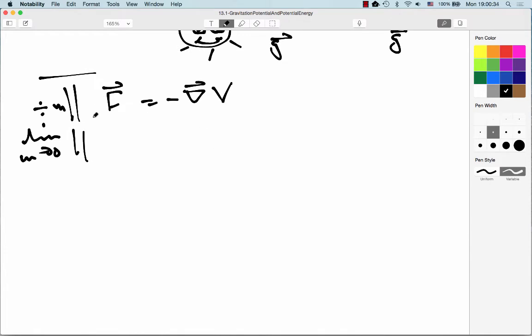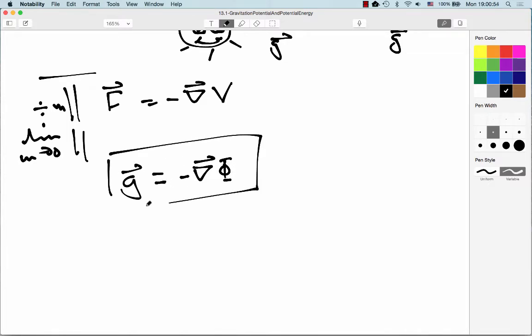And when I do, I'll have F over m and take the limit. That will give me the gravitational field intensity. And then V over m is just going to be phi. So then since it's a scalar, I can pull it into the gradient. And I get that the gravitational field intensity is equal to the negative of the gradient of the gravitational potential.